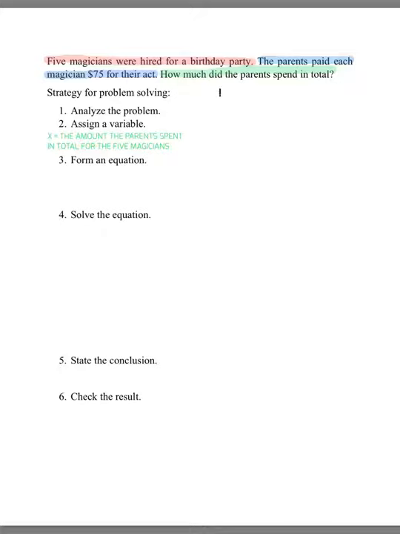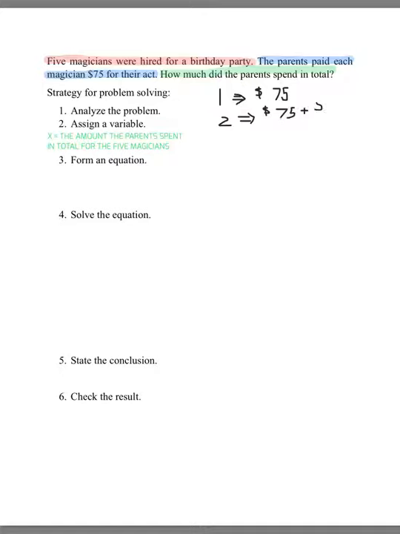If we hired one, then the parents would be paying $75 for that one magician. If we hire 2 magicians, then the parents would be paying $75 for each magician. So it'd be 75 plus 75.